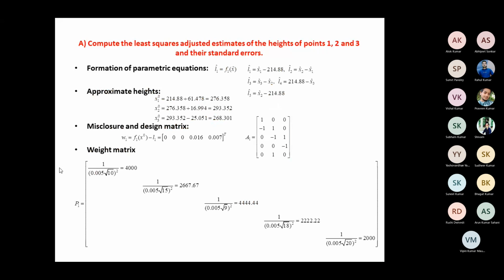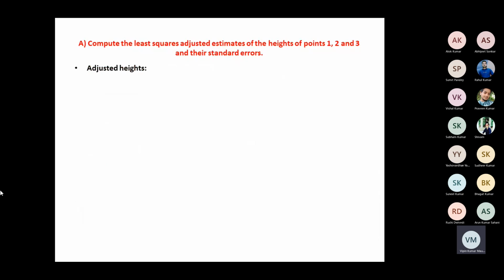It was the misclosure, F1 X0 minus L1. So if I am putting W1 in the equation, then after getting the estimates, I have to add them to our initial, means approximate, heights. If I am using directly the observations, I will get the adjusted estimates here. Is it clear to everyone?